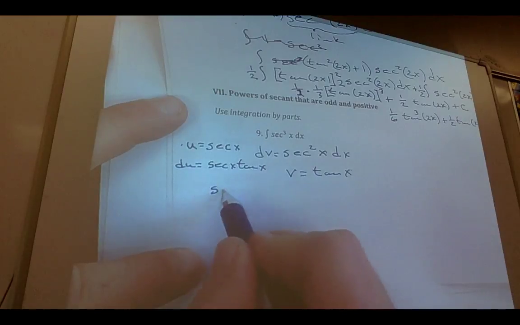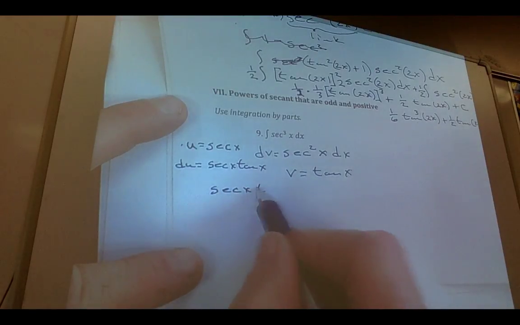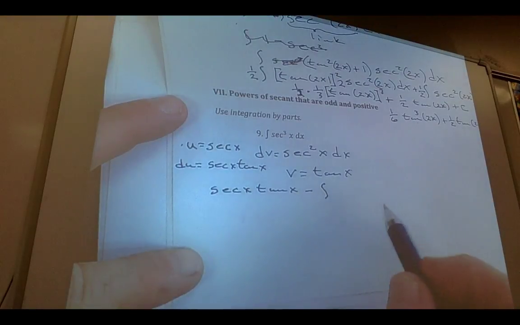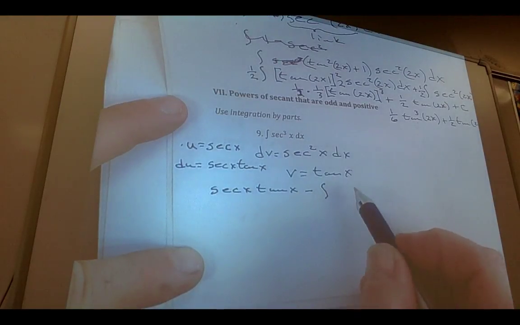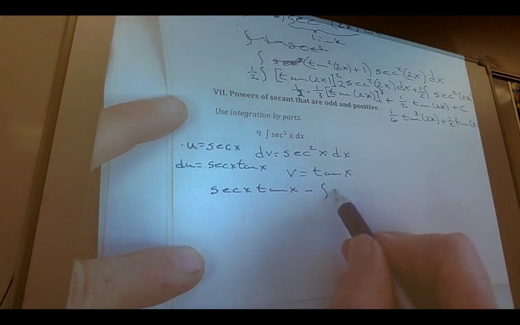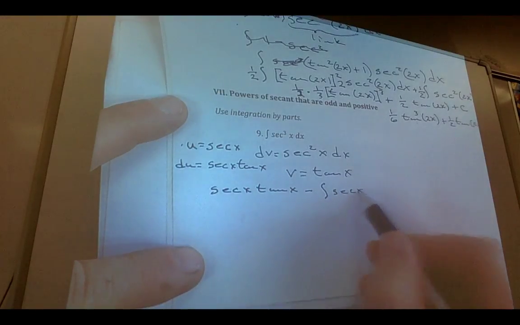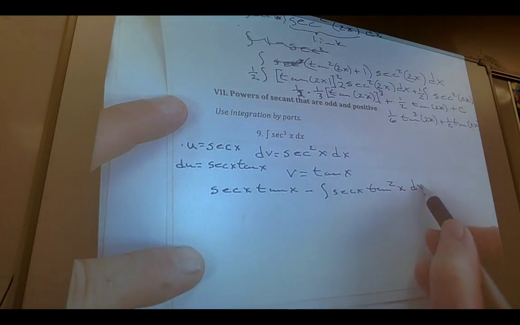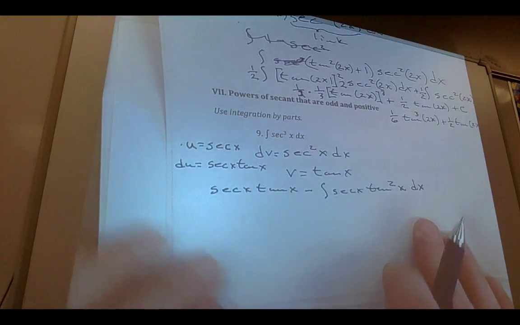So I got secant x tangent x minus the integration of, what am I going to get here? Secant x tangent squared x dx. So how should I do that?